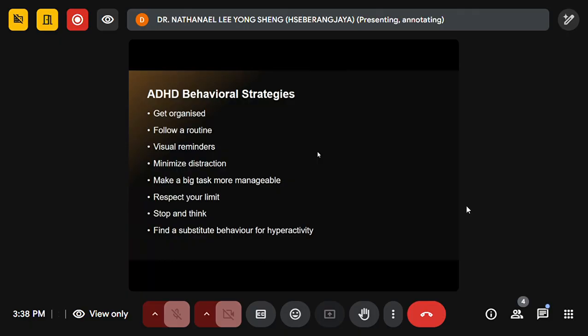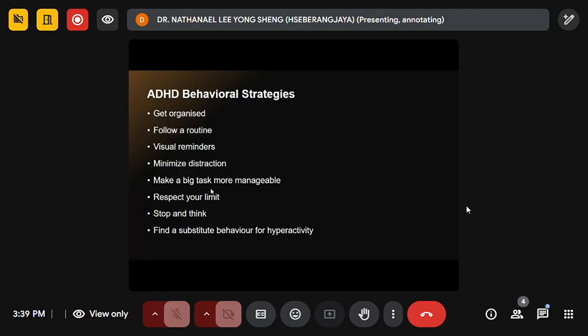So we will advise them to clear up their working table and make their things in order, which would actually help. And another very important advice is for them to split their task into small or even micro tasks.